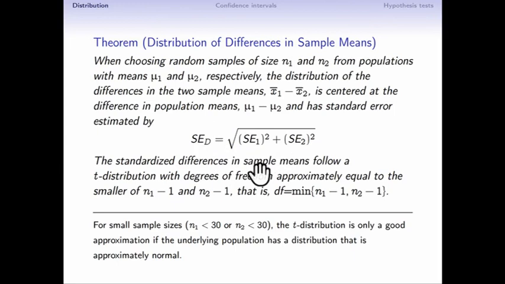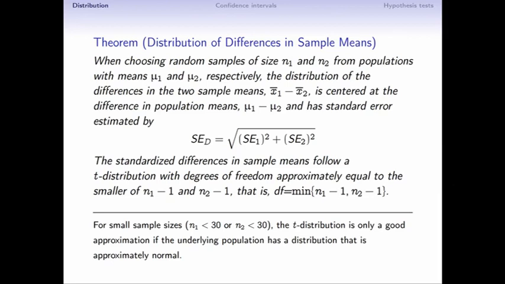And so you get this Pythagorean relationship once again. The standard error of the difference is equal to the square root of the sum of the squares of the underlying standard errors, the one from population 1 and the one from population 2. Now, we'll break this out and look at a formula for this, but just remember that this is exactly the same thing we saw when we worked with differences in proportions. We have that same Pythagorean identity here.